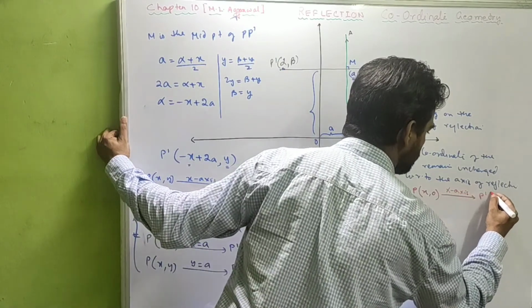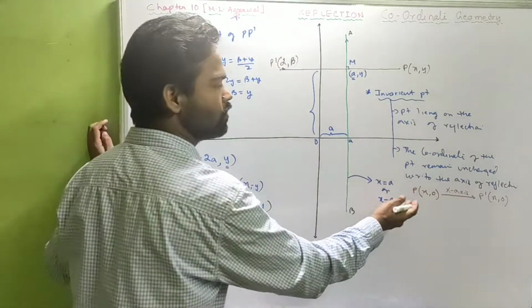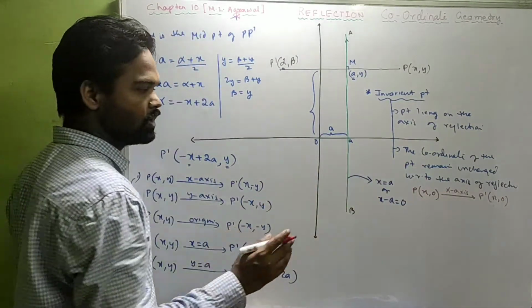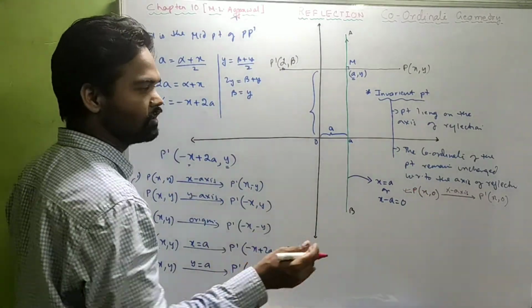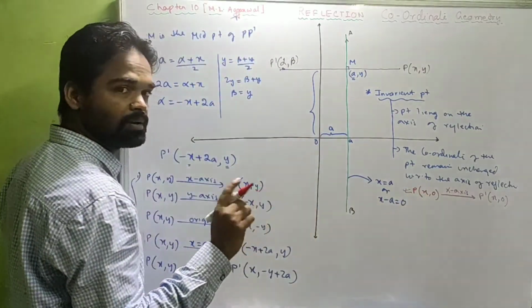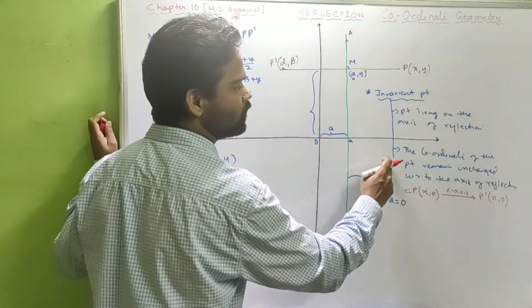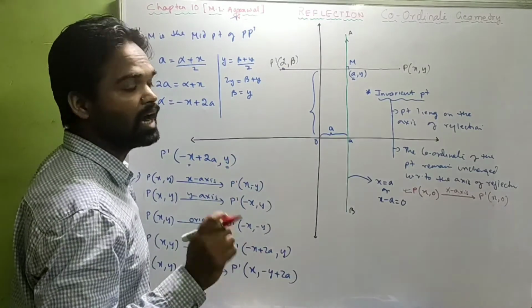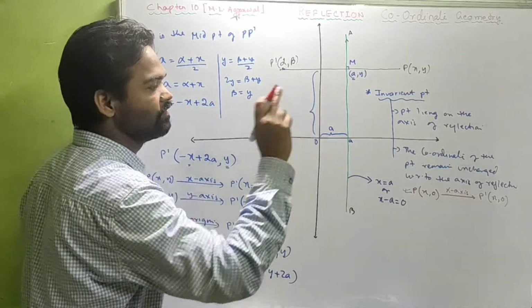The image remains the same because the sign of the y coordinate changes, so 0 becomes 0 only. So these points which lie on the axis of reflection, when the x-axis is your axis of reflection, and whose coordinates do not change after the reflection, are known as invariant points.